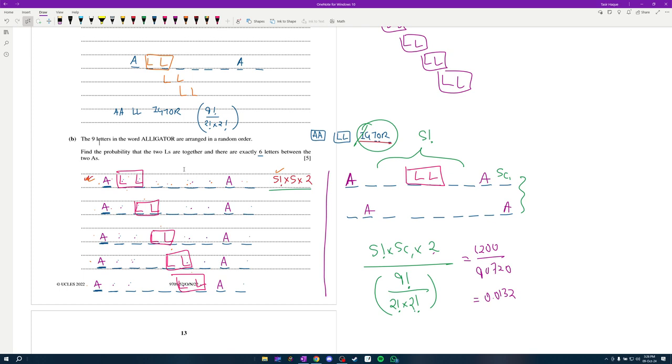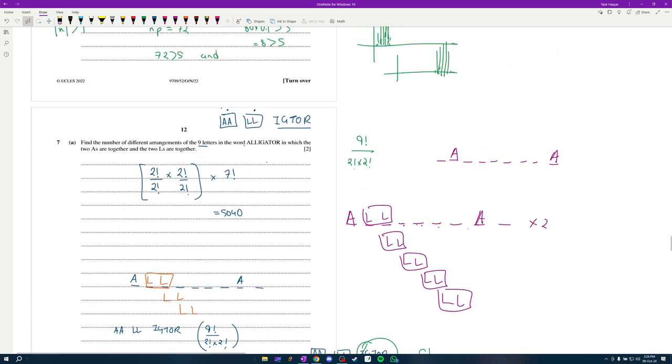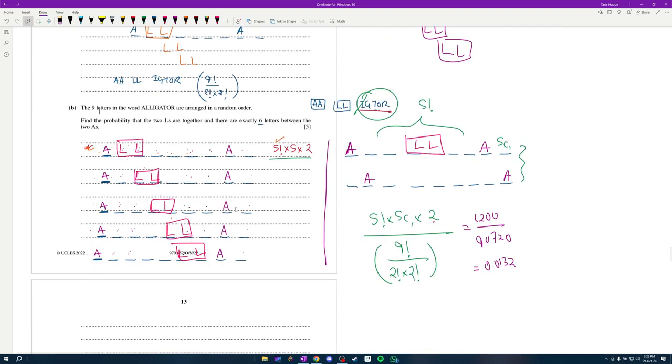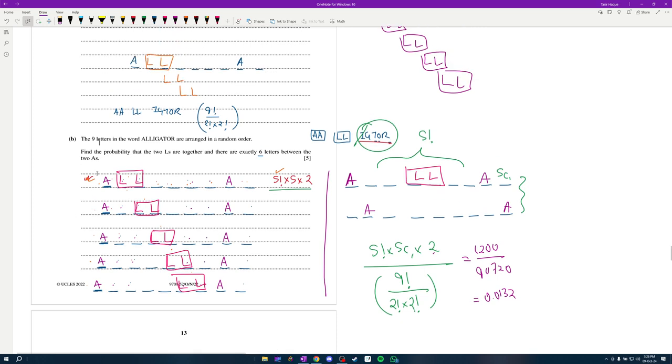So the A's, how many letters are there in total? If you count them, 1, 2, 3, 4, 5, 6, 7, 8, 9. So 9 blanks. I start with 1 A at the beginning, then 6 blanks, 1, 2, 3, 4, 5, 6 over here, and then the other A will be on the 8th blank.